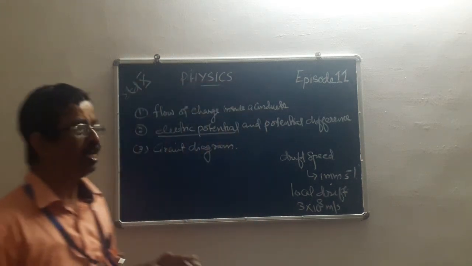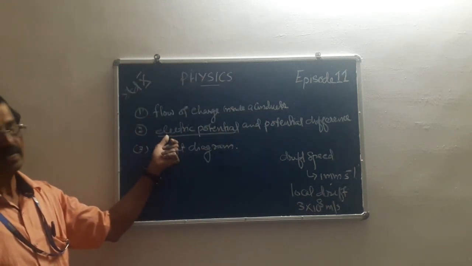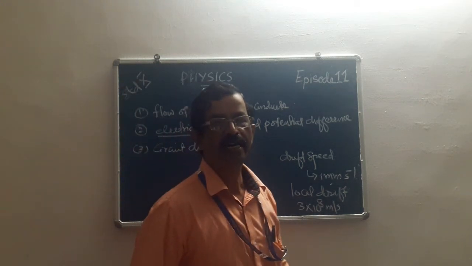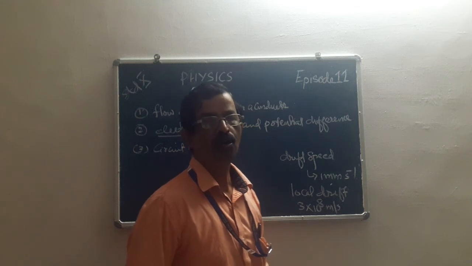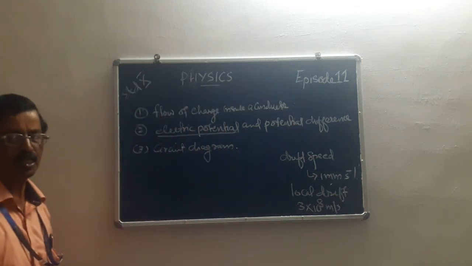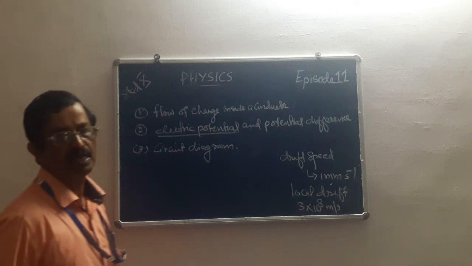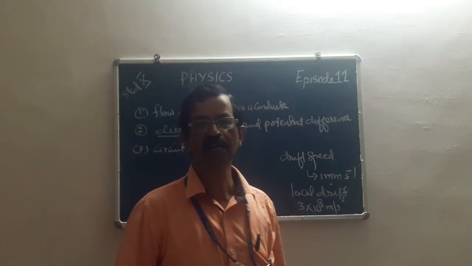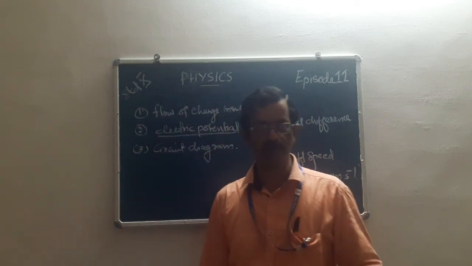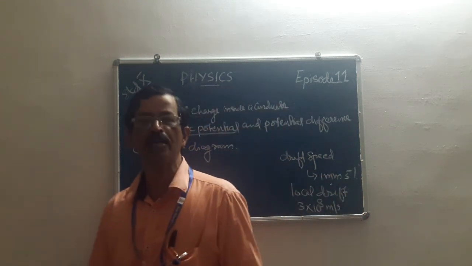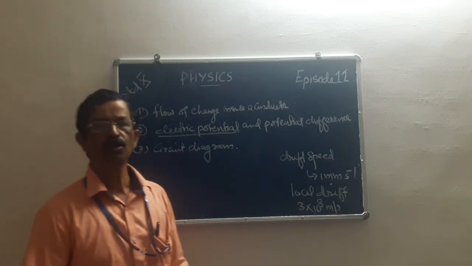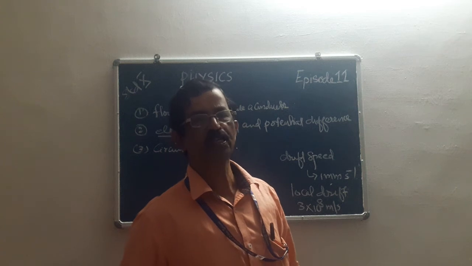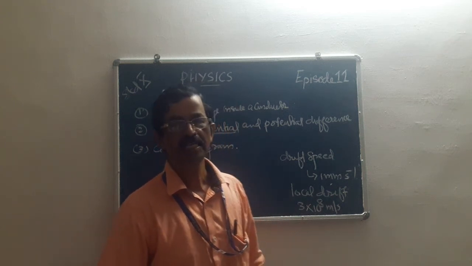To move electrons in a conductor, there must be an energy difference or electrical pressure difference, as in the case of water flowing from a higher level to a lower level, or wind blowing from high pressure to low pressure, or heat flowing from high temperature to low temperature.